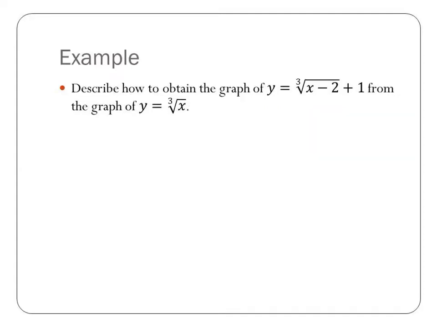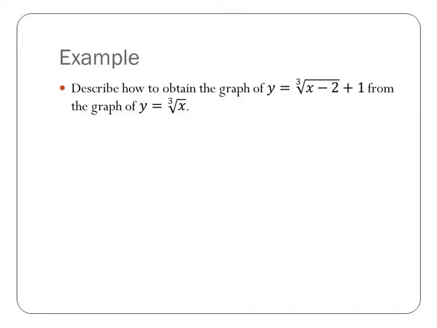So first of all though, what are these movements doing to the graph? If we have y equals the cube root of x and we want to graph y equals the cube root of x minus 2 plus 1, how do we obtain that graph?